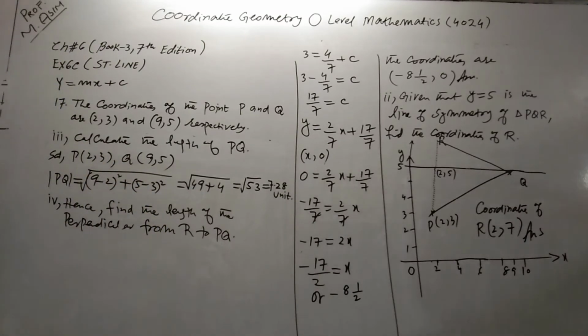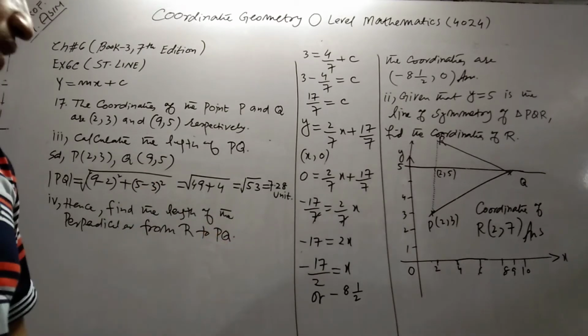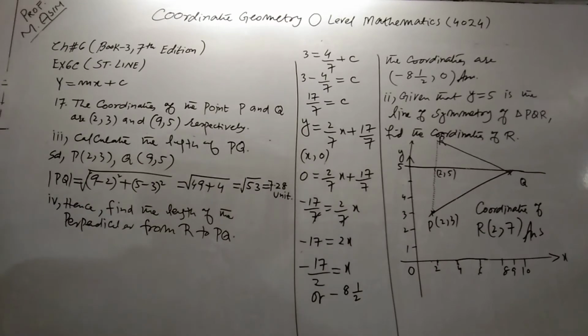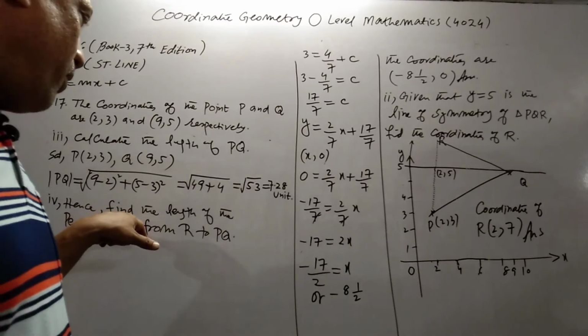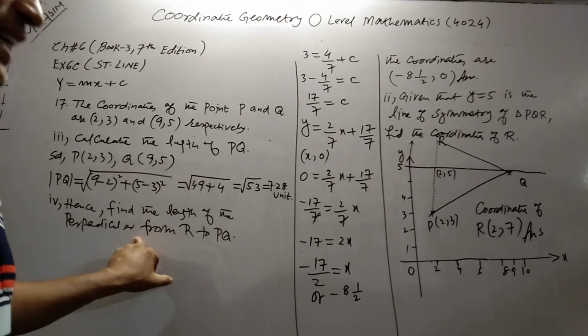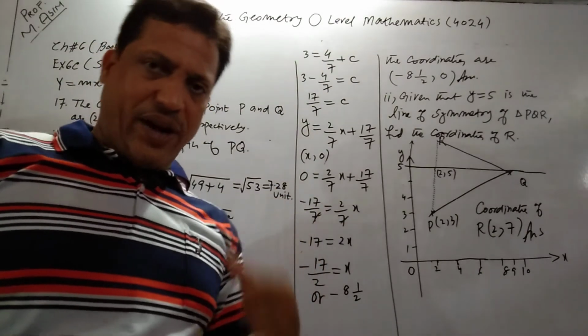Student, we have already found in previous questions, or also in exercise 6b, the length of the perpendicular. You know, for finding the length of perpendicular, we need to find the area of a triangle.